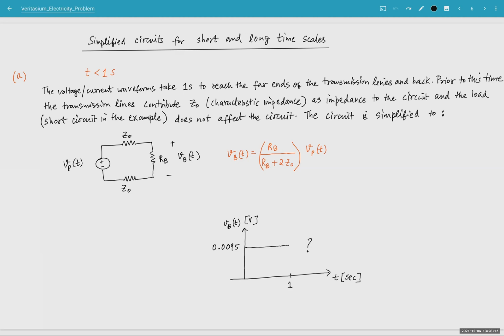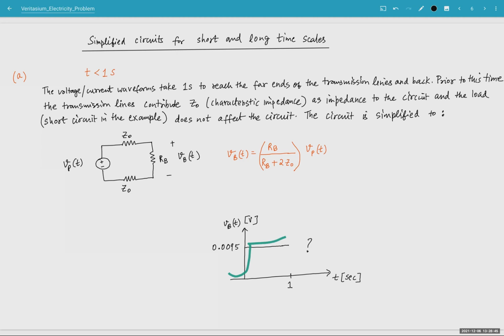And in this case, this is a voltage divider. So the voltage that appears at the bulb will be this fraction of the input voltage. So if the input voltage was 12 volts, this fraction comes out to be about 0.009, so 0.01 volt. So for 0 to 1 second, as I said, this is instantaneous here.